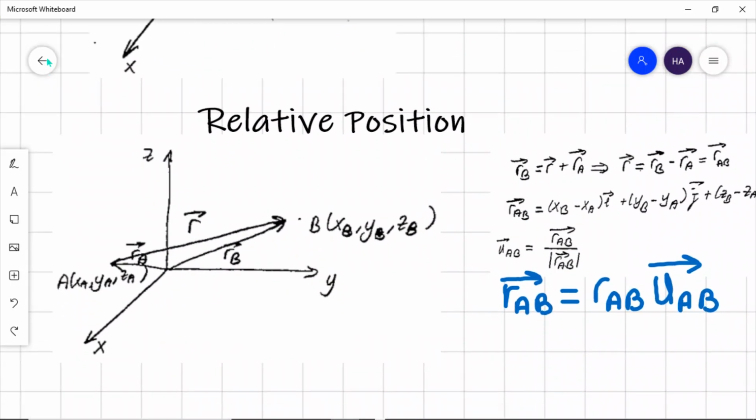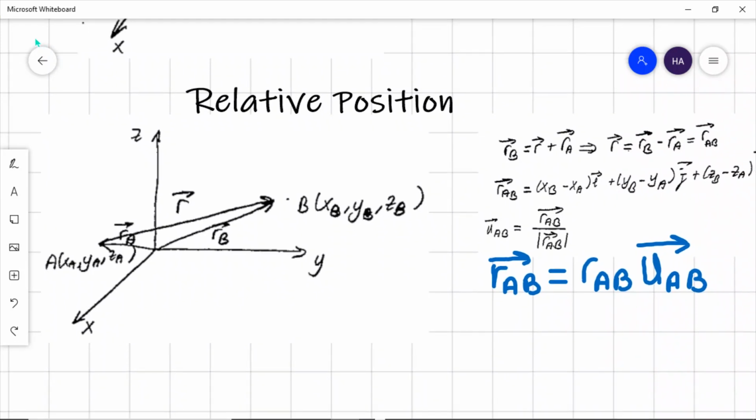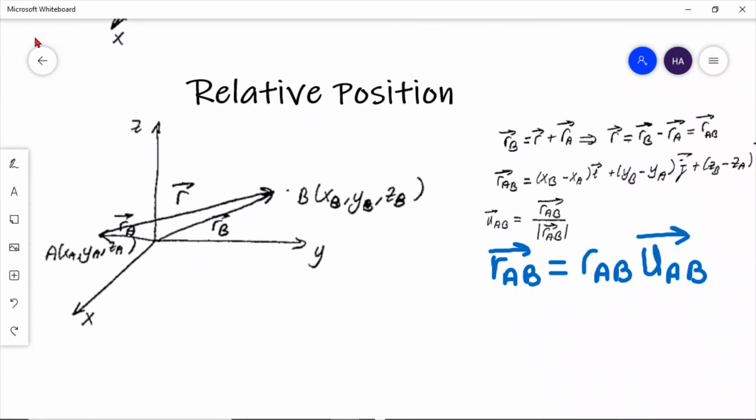Now sometimes we need to define the relative position of an object. So the position of an object with respect to another one. Of course, again we use a Cartesian coordinate system. In this case, let's consider 2 objects.